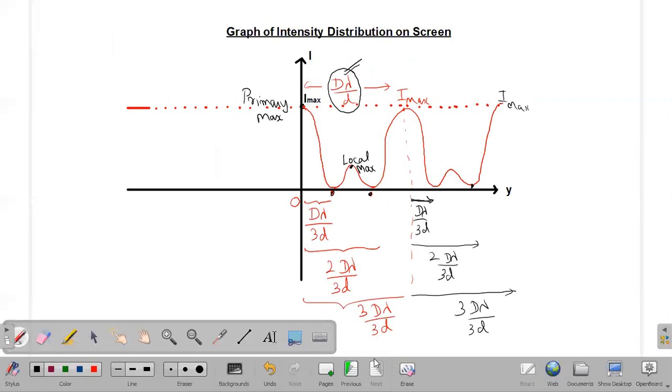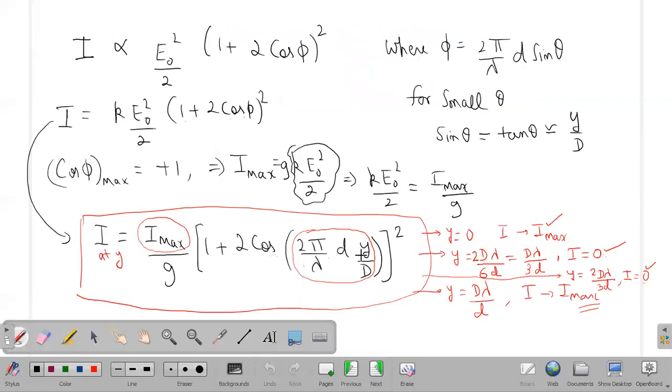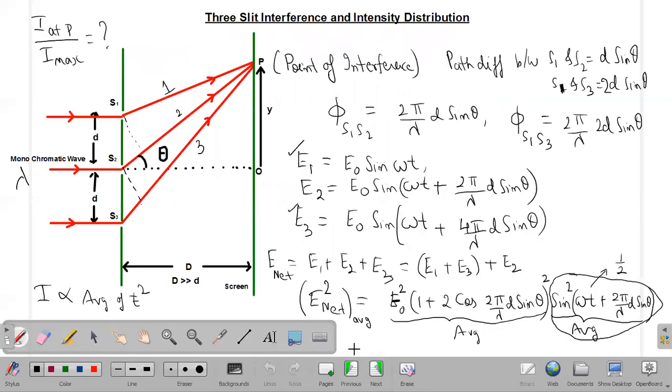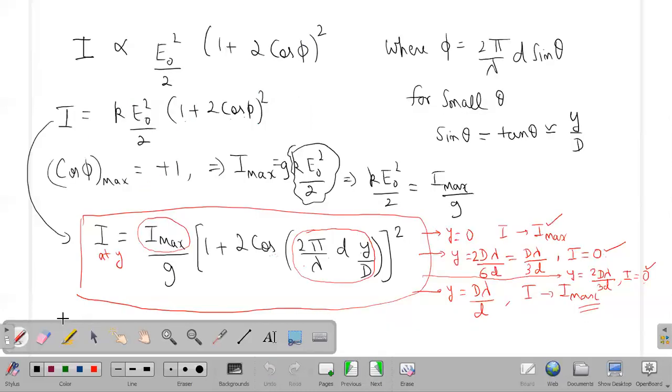So this expression will define the total intensity at any point y on the screen. If I know the value of y, I can find out how much will be the intensity at that point relative to the maximum intensity on the screen.